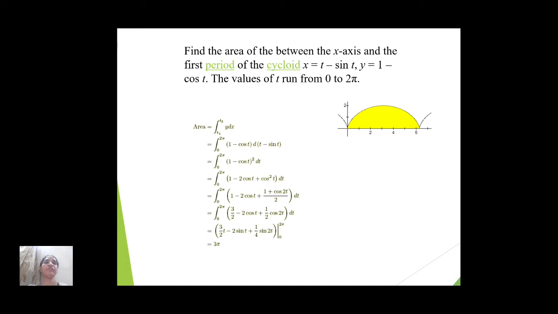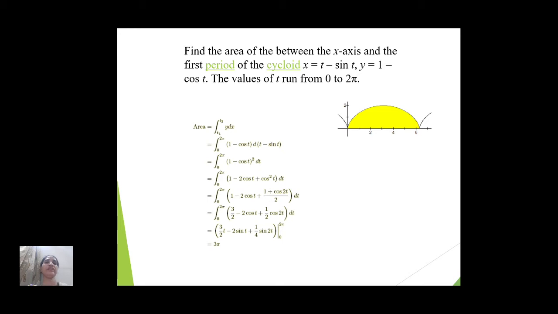Here we know that y equal to 1 minus cos t, but we don't know dx. Then we will get dx from x by differentiating. So x equal to t minus sin t.